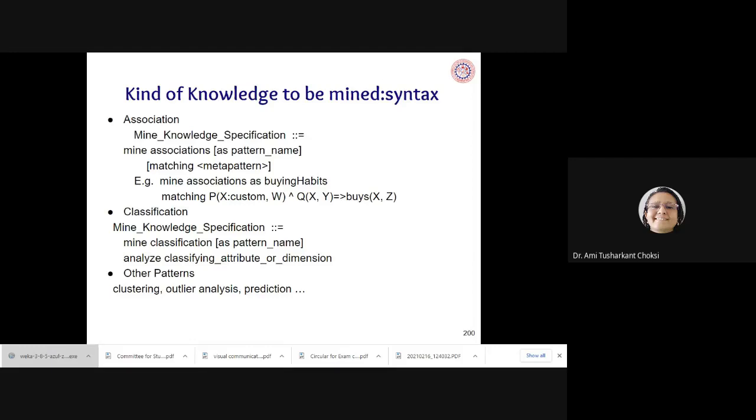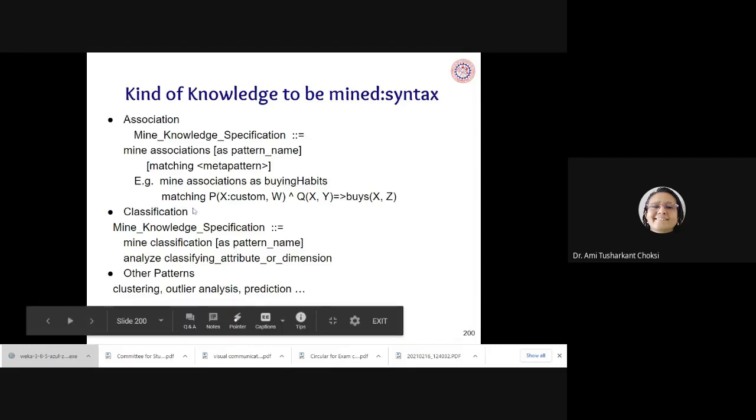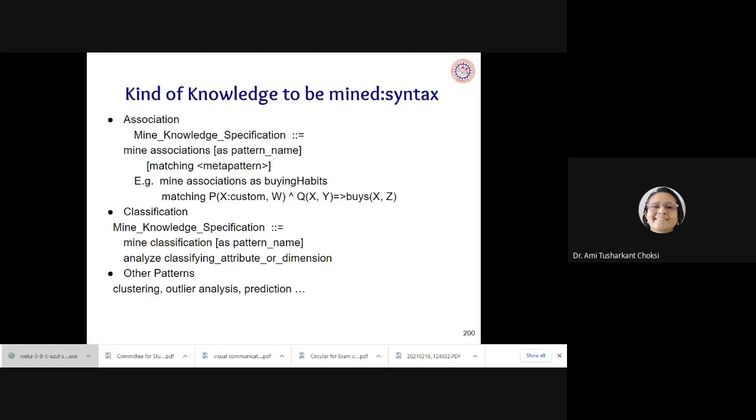Then after we can say classification. For that, what do we say is, mine classification as pattern name, analyze classifying attribute or dimension. We should analyze the classifying attribute, whatever is given to us in the problem.